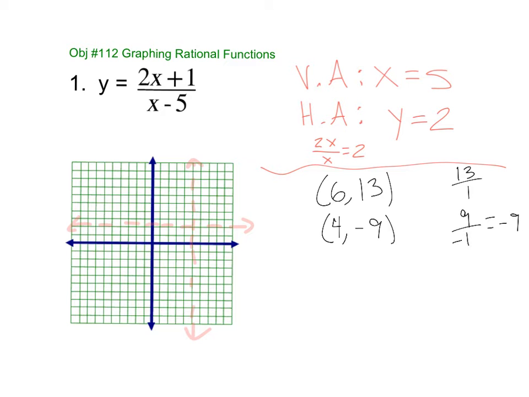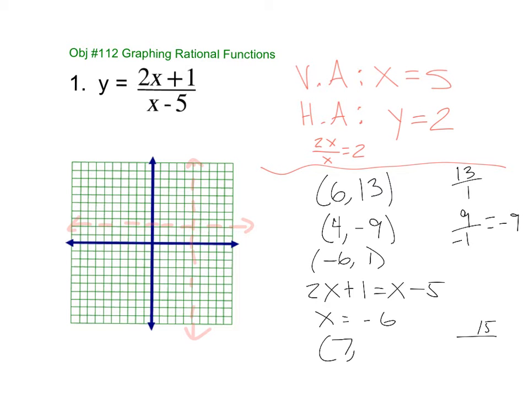All right, let's do, I'm going to do 2x plus 1 equals x minus 5. If I set those equal, I get x equals -6. So -6, 1. And I need, like, I don't know, let's try 7. 7 gives me 15 over 2, 7.5.